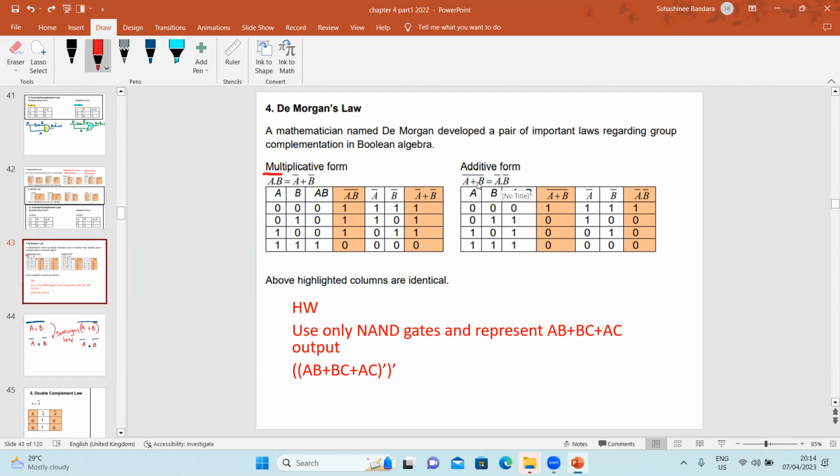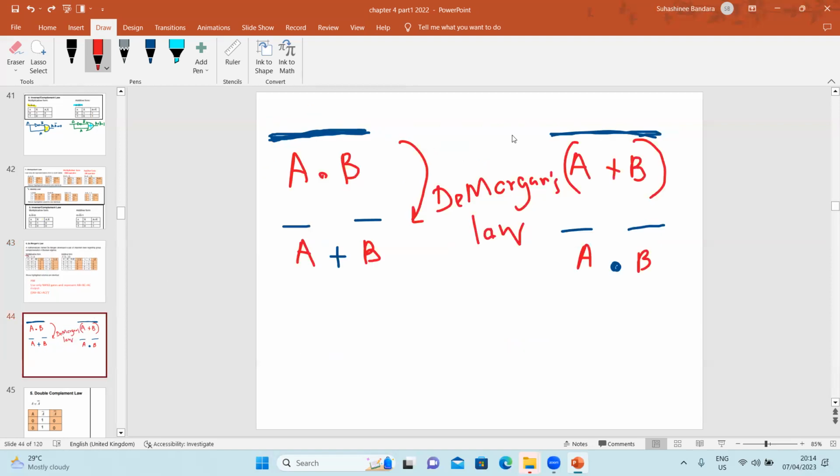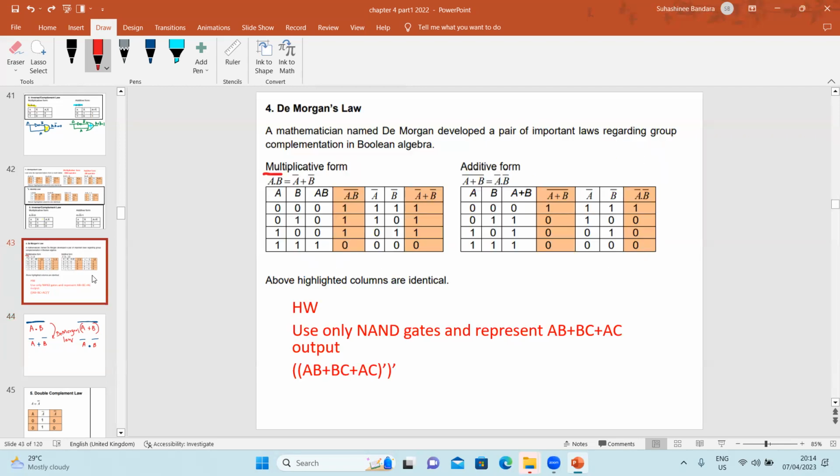Then we move to the additive form, A plus B over bar. Then we will see what's happening there. A plus B over bar equals A bar dot B bar.